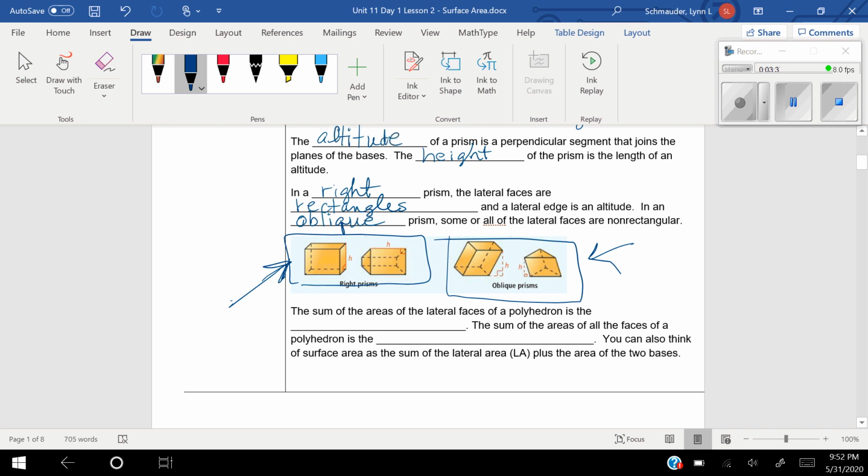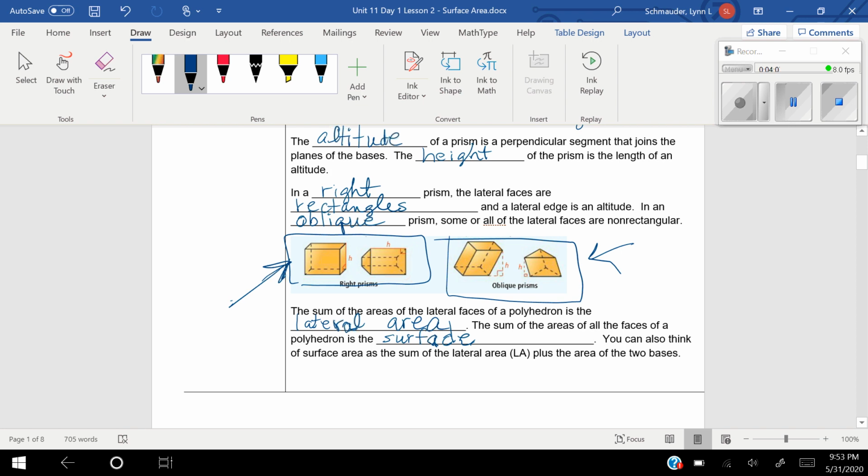All right, so the sum of the areas of the lateral faces of a polyhedron is known as the lateral area, right? That makes sense. Sum of the areas of the lateral faces is the lateral area. The sum of the areas of all the faces of a polyhedron is the surface area. Sorry, my pen's not working well.